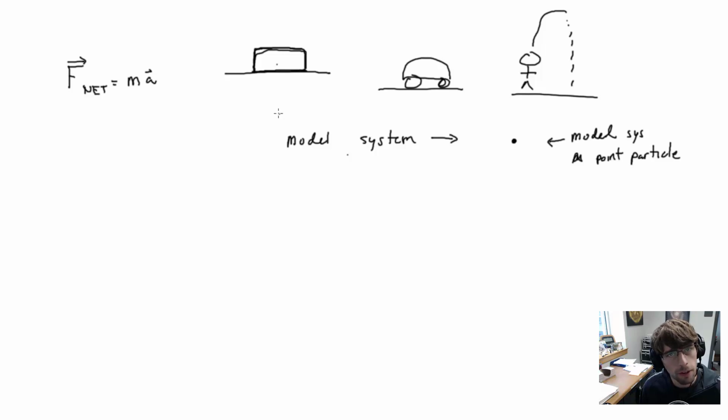Do you think of it at the top of the box, the bottom, the right side, the left side? Hopefully you realized, wait a minute, we model the system as a point particle located at the center of mass.